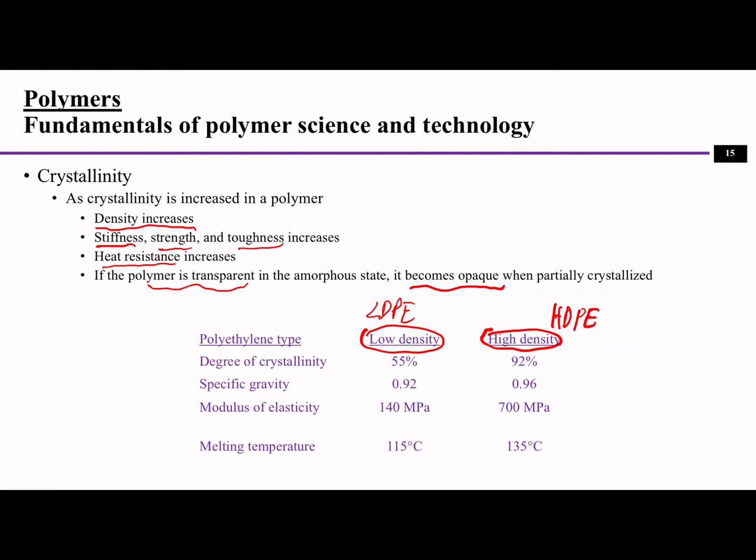Compared to LDPE, the crystallinity for HDPE is 92%. That's why HDPE is stronger and has higher stiffness than LDPE. Same with density, right? It's heavier. Melting temperature is also higher than LDPE because of the higher degree of crystallinity.